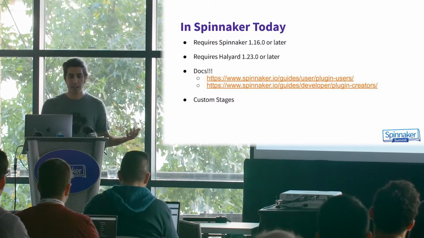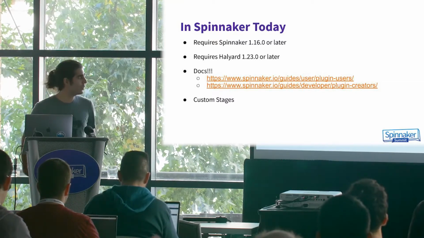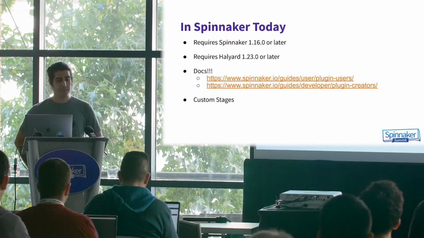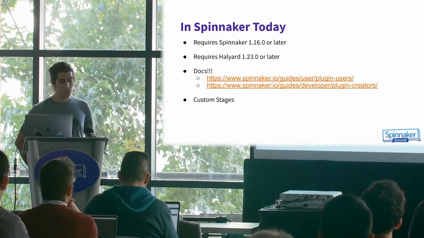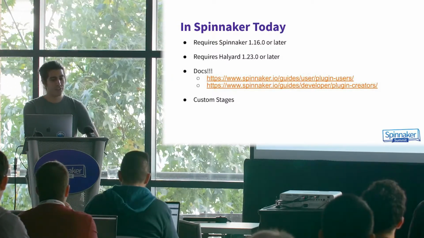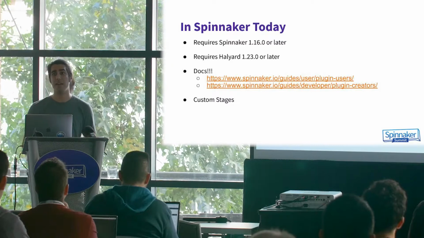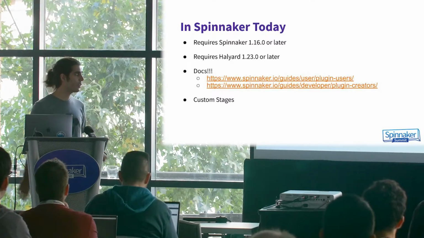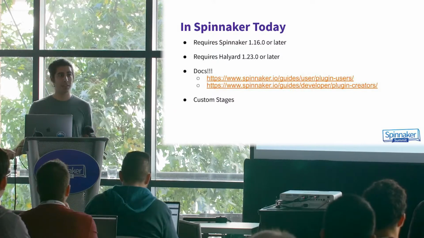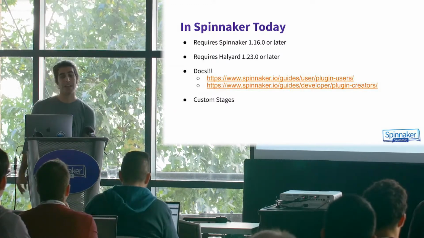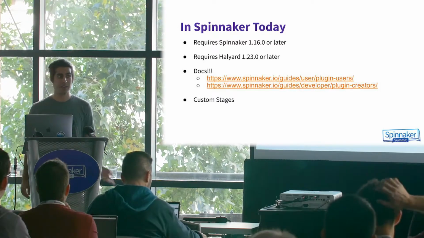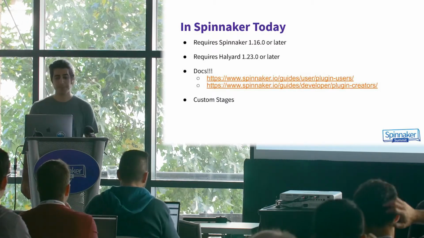This also requires Halyard version 1.23 or later. That is, if you use Halyard to deploy your code. So why do these versions actually matter? So the Spinnaker version, services need to have the lifecycle hooks added. What essentially is going on is Orca will scan the directory and add jars to a class path, and that are then scanned when Spinnaker application context starts up.